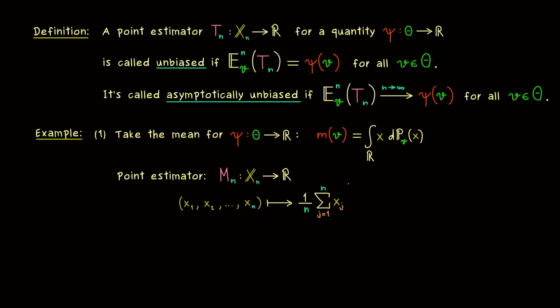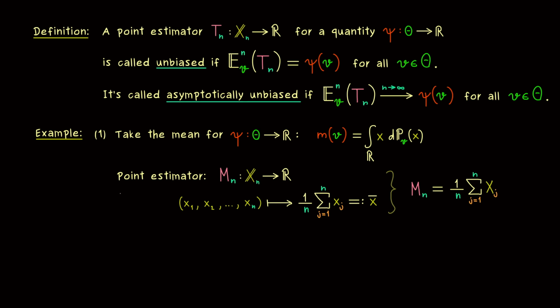And I don't tell you something new when I say that this is commonly shortened to x bar. However, for us here it's even more helpful to write this point estimator with the projection operators from before. This just means that we can write mn as 1 over n times the sum of the capital Xj's. So you see, there's not much to it, but it definitely helps us in the calculation now.